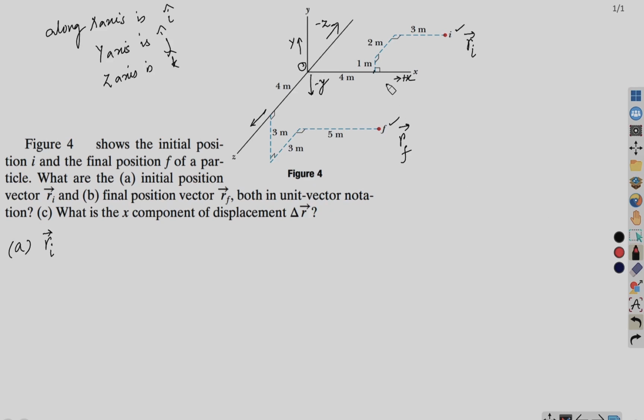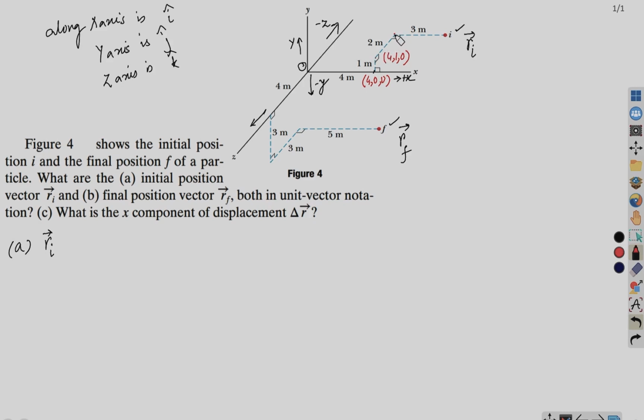Then the coordinate of this point is 4, 0, 0, right? Because this is on the positive x-axis. The coordinate of this point is 4, 1, 0, right? Because this moves 1 unit or 1 meter along positive y-axis. And then we came here, right?